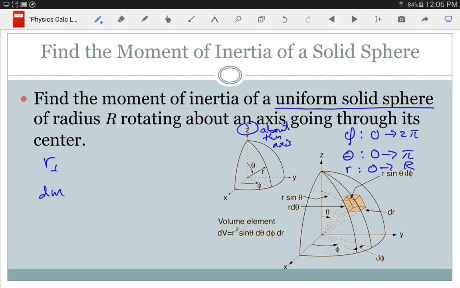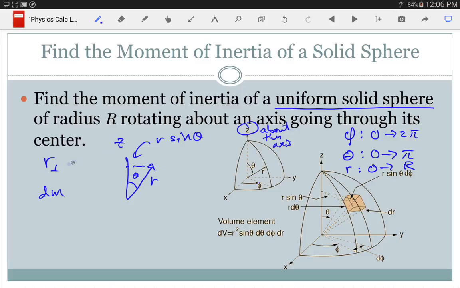If you just look at this picture, well, I will flatten out the picture. Here's my z-axis. Here is r. Here's theta. I want that opposite side. And so this side here is going to be r sine theta, because opposite over hypotenuse is sine theta.